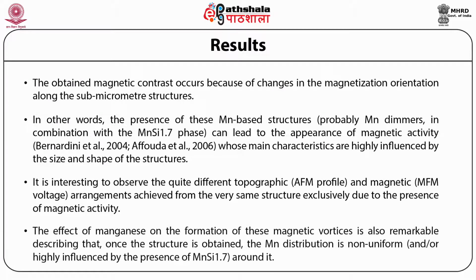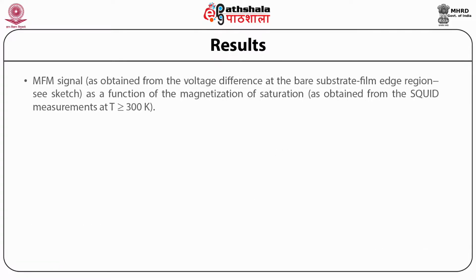The effect of manganese on the formation of these magnetic vortices is also remarkable, describing that once the structure is obtained, the Mn distribution, that is manganese distribution, is non-uniform and highly influenced by the presence of manganese sulfide 1.7 phase around it.